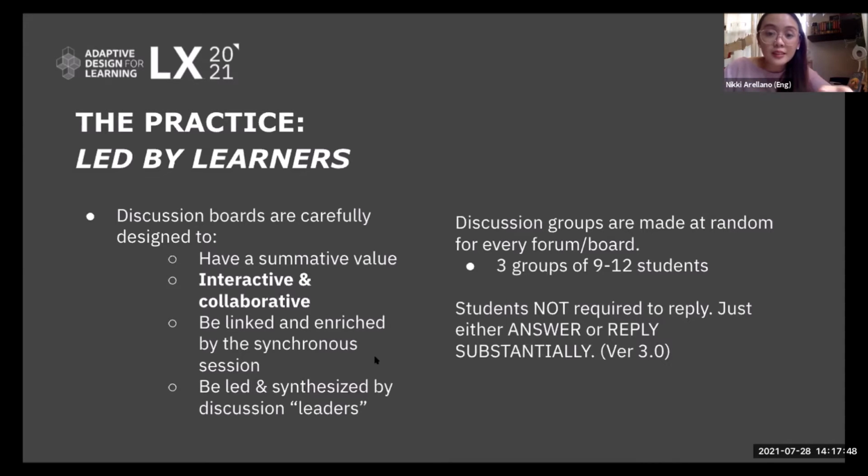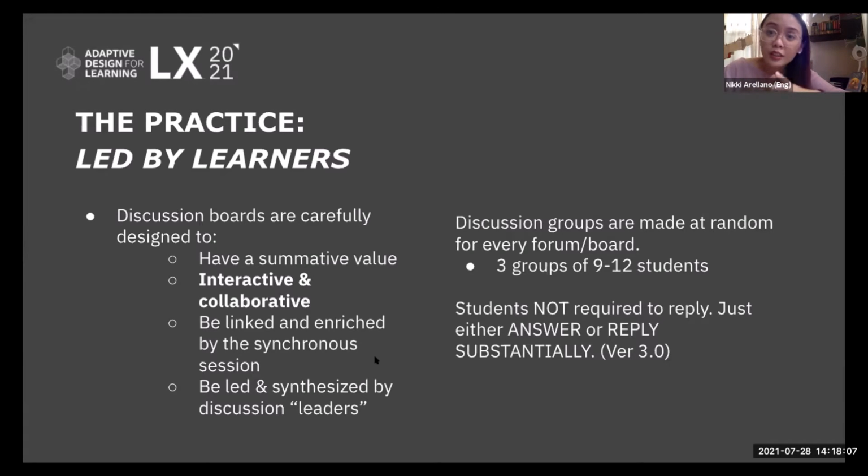You'll see later a screenshot of an example of this. In this way, they get to know who their classmates are, and how they think, right? And also be enriched with a smaller group.